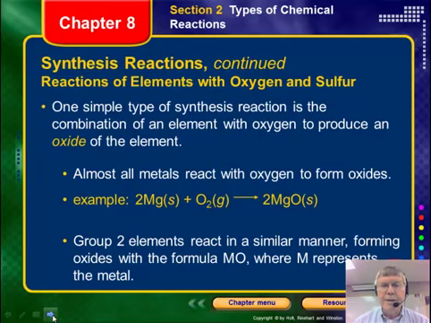Group 2 elements react in a similar manner to this, all forming compounds with the formula MO, where you have 1 atom of the group 2 element and 1 atom of oxygen. This is because all of your group 2 elements form ions with a charge of 2 plus, and of course your oxide is 2 minus, so that reduces to that.